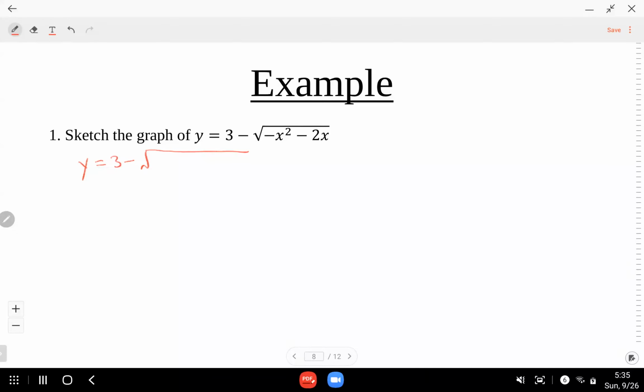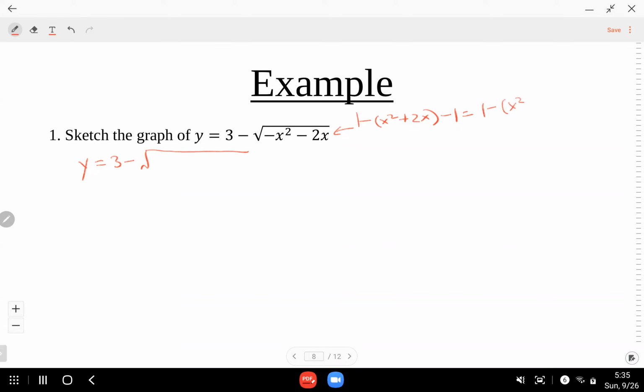Let's look at what this is. We should remove the negative sign, so it's negative x squared minus 2x.